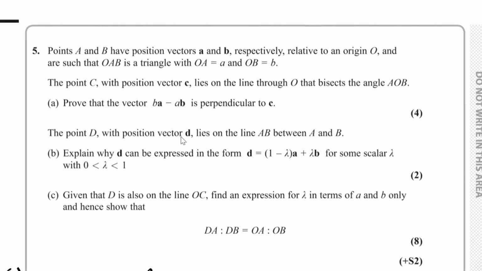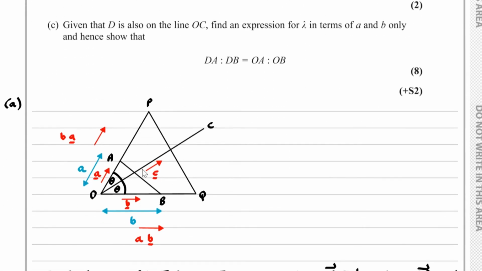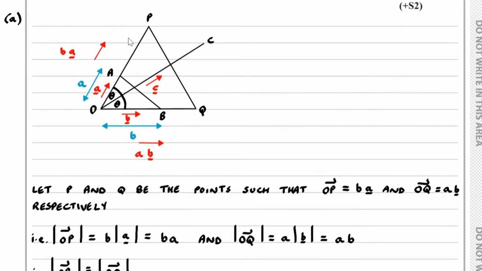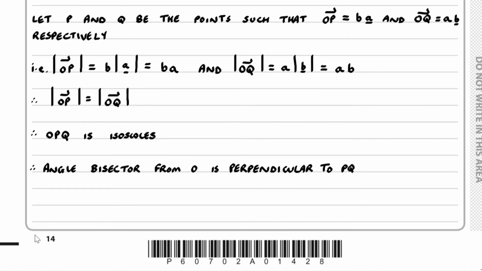Now, if we think about what we want to show, we've got b a subtract a b. That will be the same as QP. So if I work out what QP is, that's equal to OP subtract OQ.